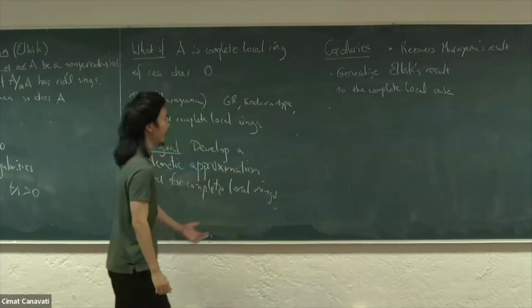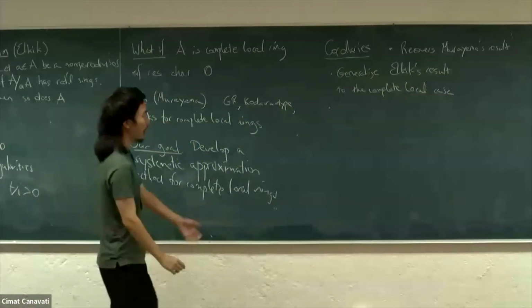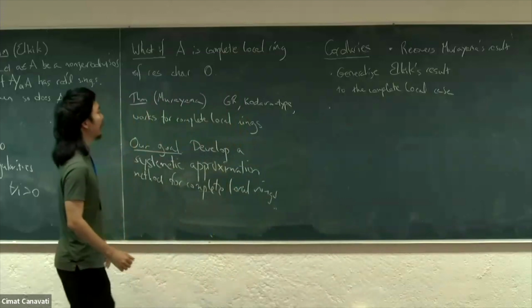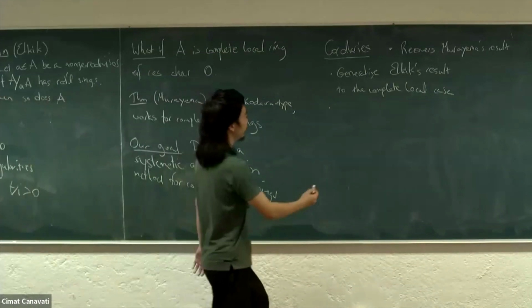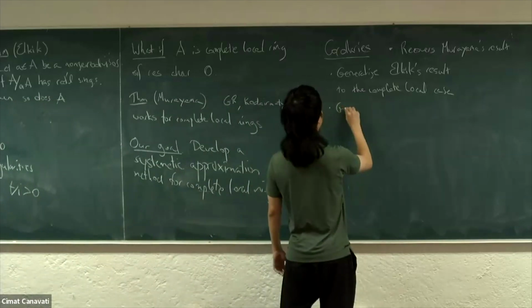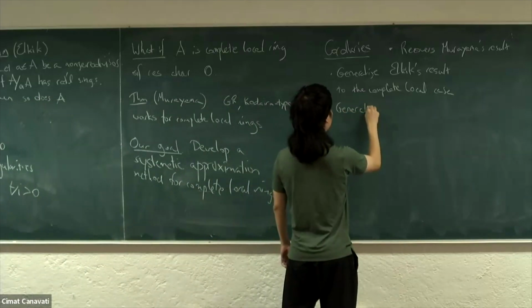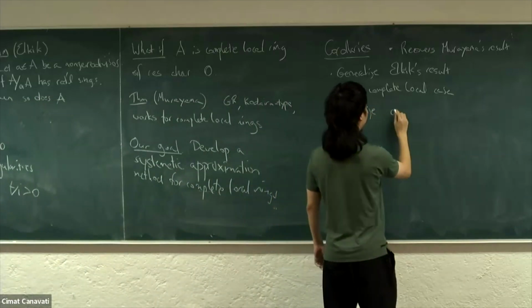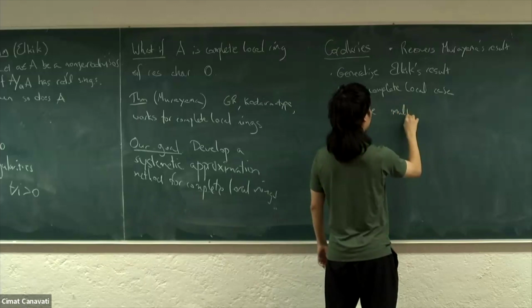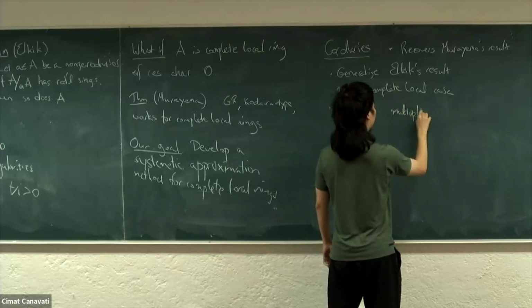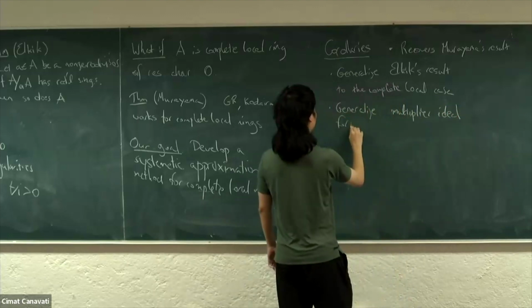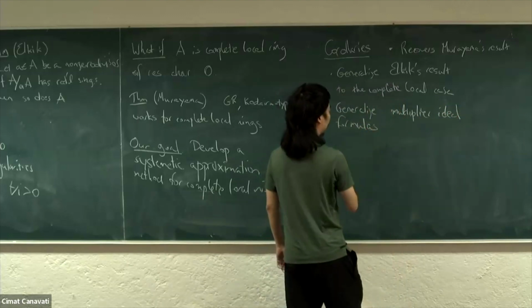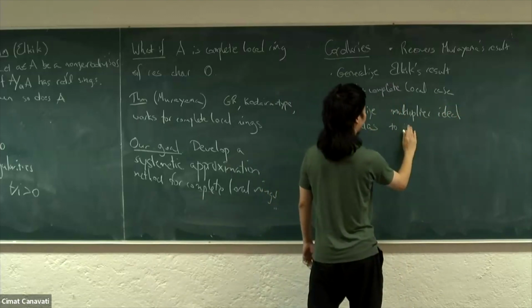And also, let me list one more thing where the original proof definitely does not work, which is to generalize certain multiplier ideal formulas to the complete local case.